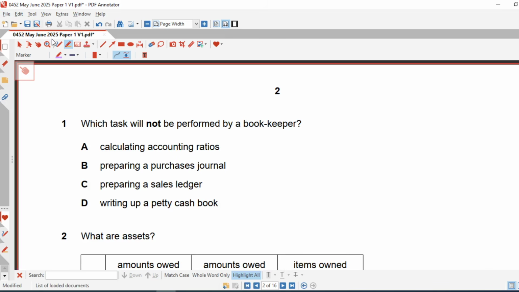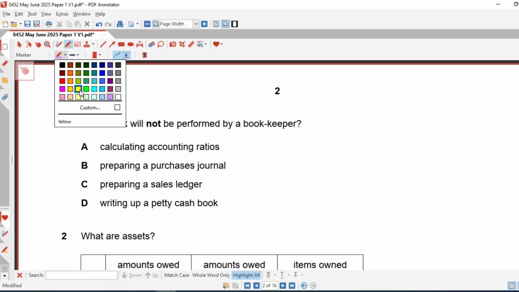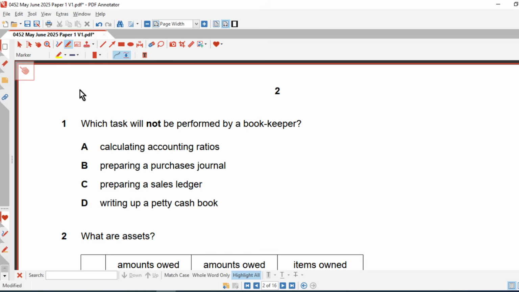The difficulty level of paper 1 for this sitting was not very high. In fact, it's very much doable, very much attemptable. When you compare it with paper 2, obviously there are some tricks here and there in paper 2, but paper 1 is fairly straightforward.